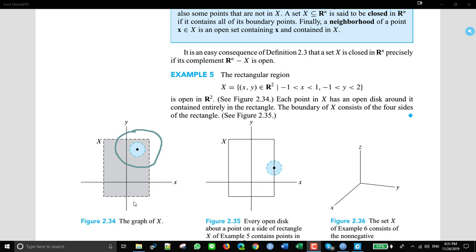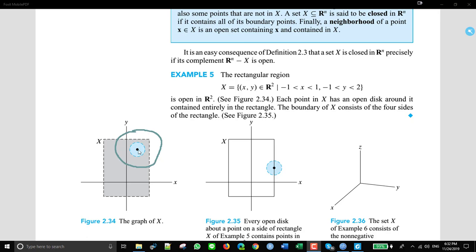So what do we mean by the fact that X is open, or what do we mean by the fact that X is closed? The idea is if it's going to be open, then we should be able to take any point in X and be able to draw an open ball around it that is entirely contained within X. So here is an example.